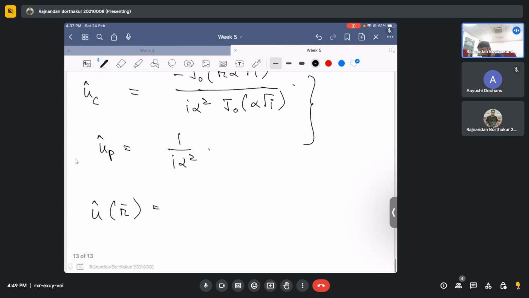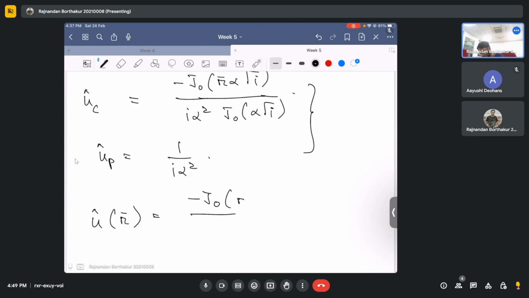So if you just do this, it will become minus j0 of r bar alpha root over I by I alpha squared j0 of alpha root over I, plus up, which is 1 by I alpha squared.